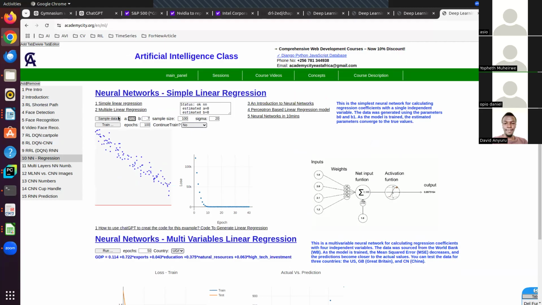I may have put a big number here. Here we go. Okay, look at those dots. There are only two parameters. You're trying to draw a line.